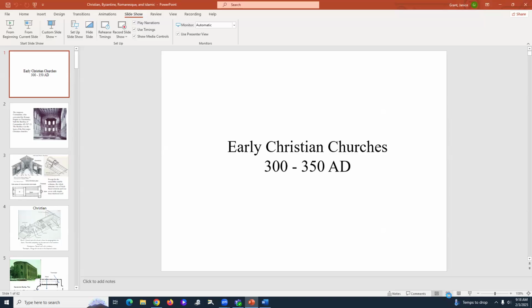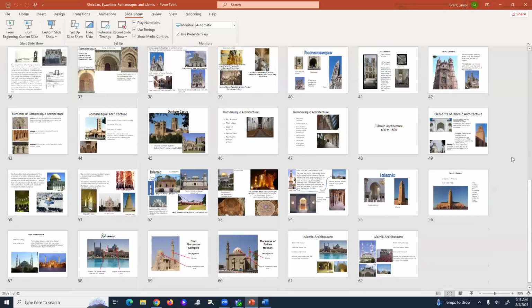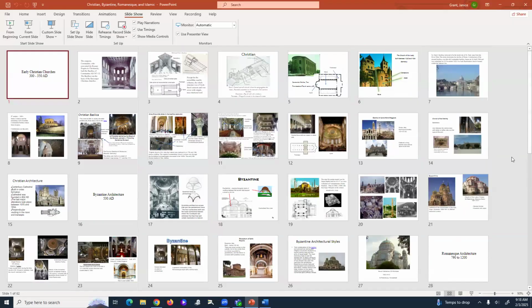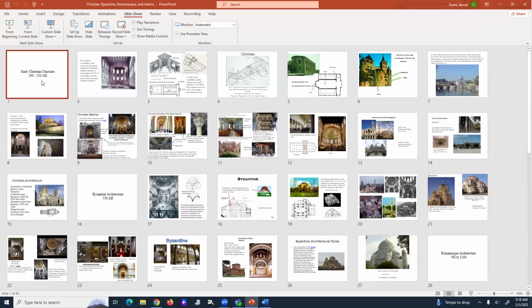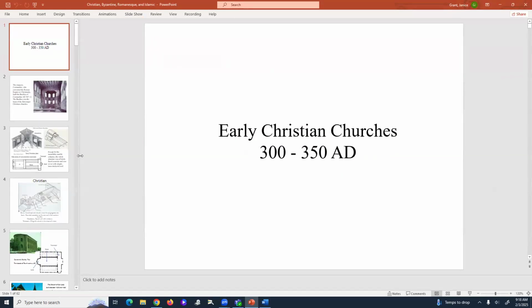I just want to show you all of the slides so you can see that we have these different sections, and sometimes I add a few more photos, and students have worked on different parts of different projects that I've done in the past as well.